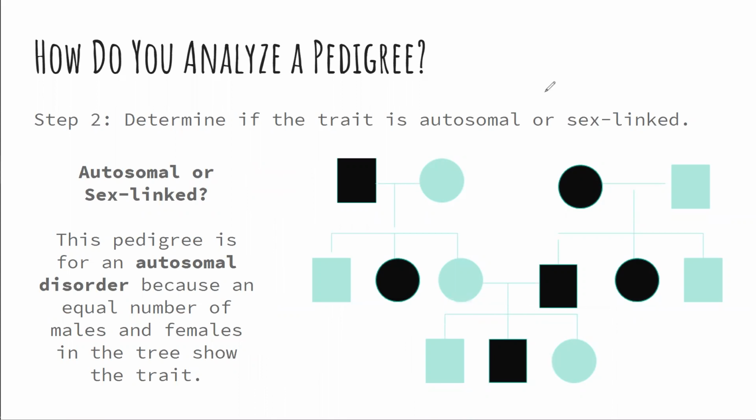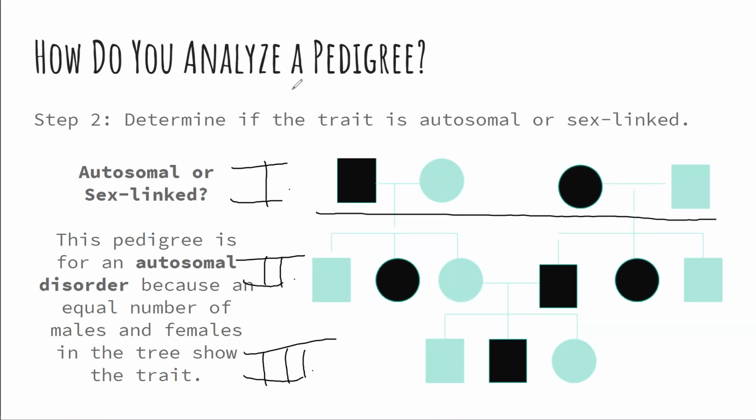Okay? So this is generation 1, generation 2, generation 3. The topmost generation is your oldest generation. These are your oldest human beings on your pedigree, whereas the last generation of your pedigree is always the youngest. Oldest to youngest.